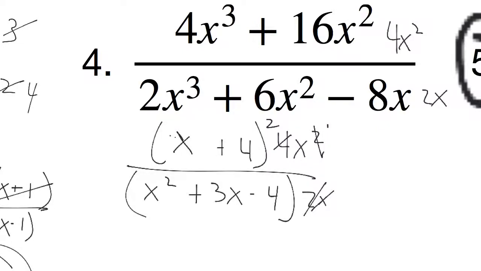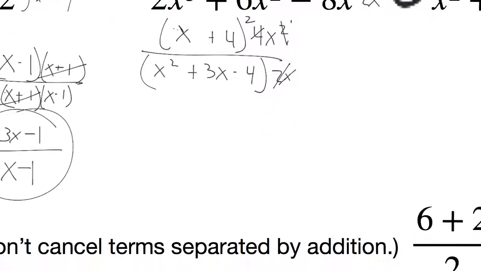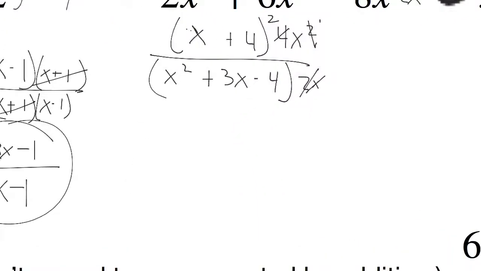So let's factor the denominator. We can see that a is equal to 1, b is equal to 3, and c is equal to negative 4. So it's just regular factoring where the b is 3, c is negative 4.